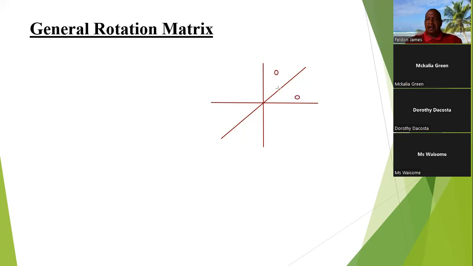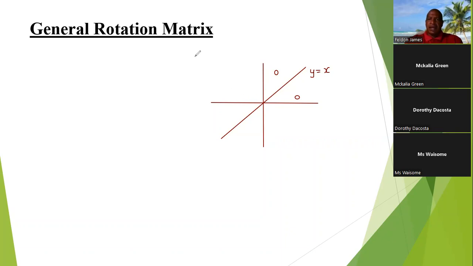And if you fold along this line, it will overlap perfectly. Do you understand that, Ms. Waysome? Yes, sir. Right. So when we say a reflection in the line y equal to x, it means that this line is the mirror line, right?